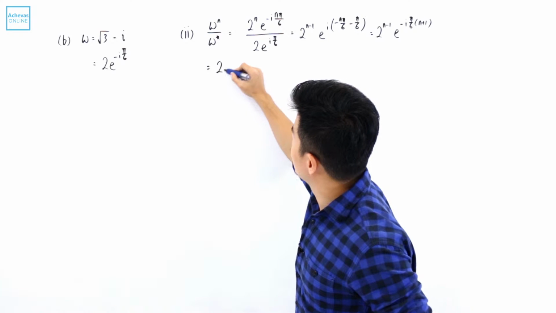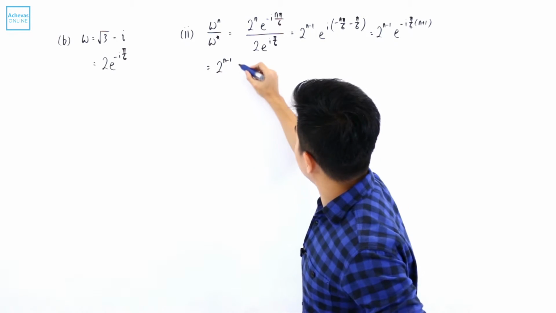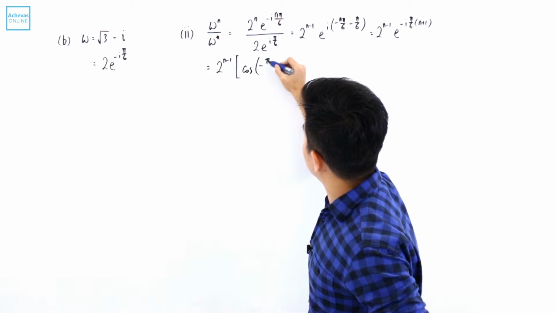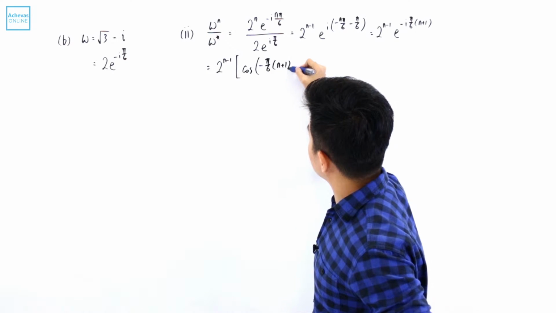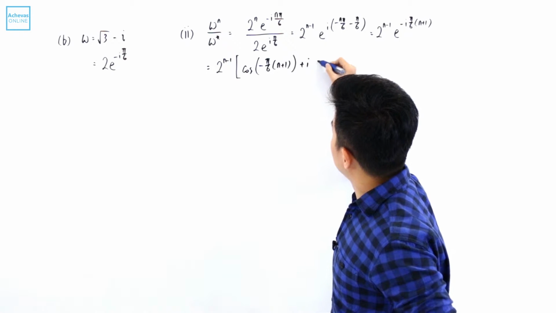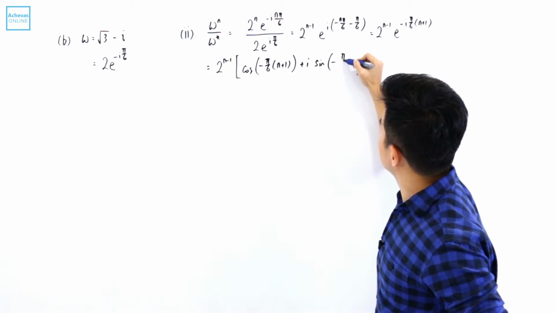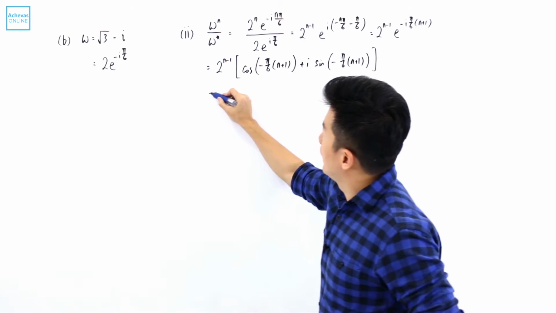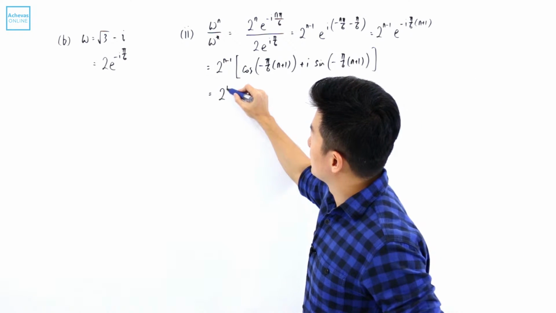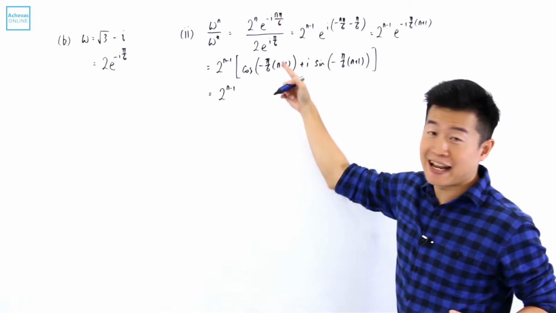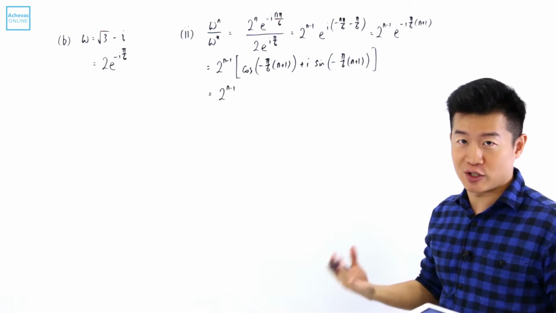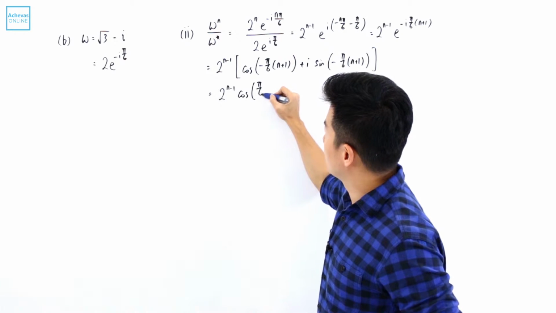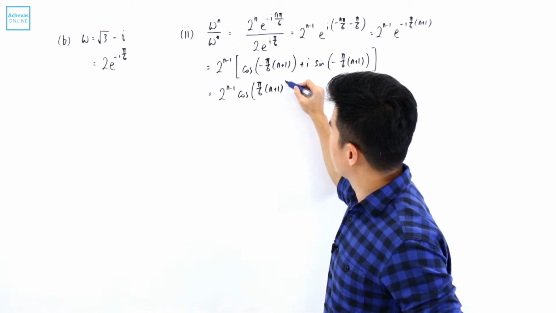It is going to be 2 to the power of n minus 1, then cosine of minus pi over 6 times n plus 1 plus i sine of minus pi over 6 times n plus 1. And if I were to multiply this in by 2 to the power of n minus 1, cosine of a negative angle is the same as cosine of the angle, so it is going to be cosine of pi over 6 times n plus 1.